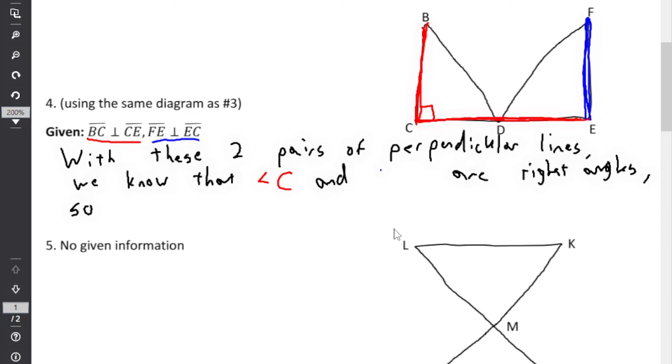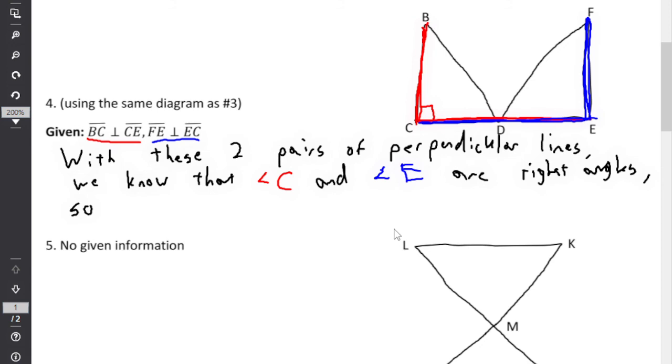Where was the right angle? It's angle E. Here's FE, here's EC. The angle that's the right angle is angle E. So let's make sure those are congruent. What's the measure of angle C? 90 degrees, because it's a right angle. And what's the measure of angle E?